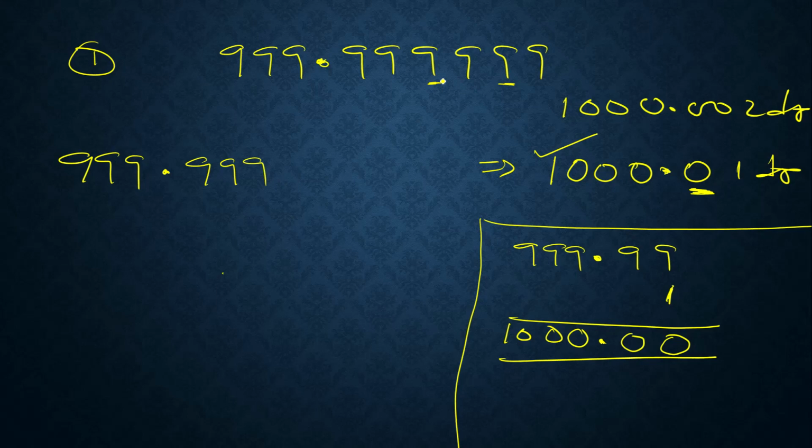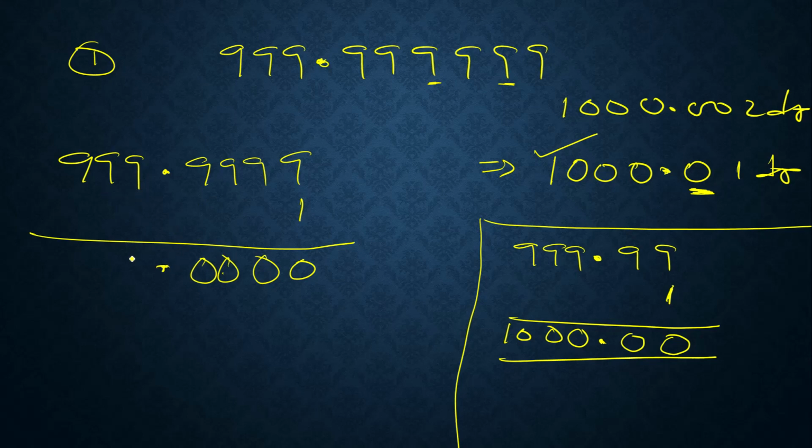So the four decimal places, 1 2 3 4, so plus 1. Okay, so we have 0, because this one will be 10. 0 under 1, 0 under 1, 0 under 1, 0. Okay. Point. So 0, 0.